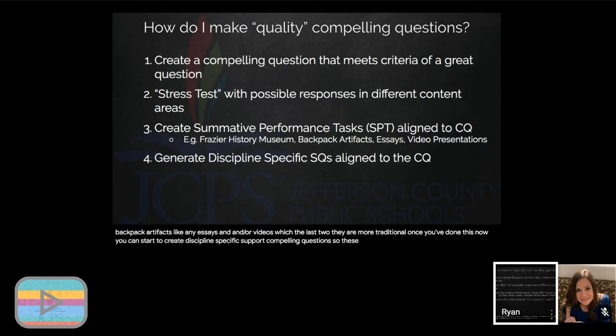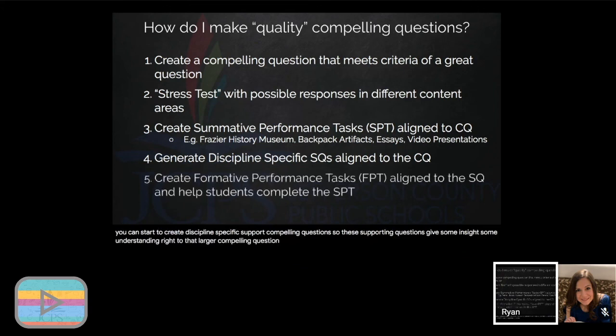So these supporting questions give some insight, some understanding of the larger compelling question. And once you've done that, to bookend those supporting questions, we create formative performance tasks that are aligned to those supporting questions that also help students complete the summative performance task. So just as compelling questions need supporting questions, summative performance tasks need formative performance tasks.